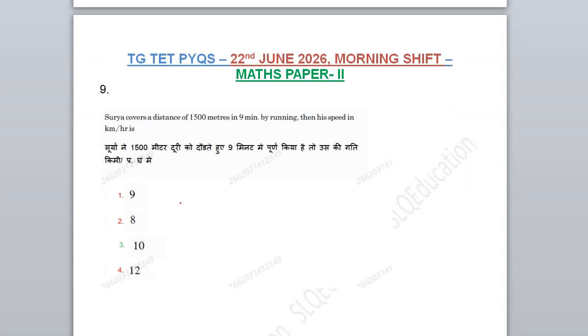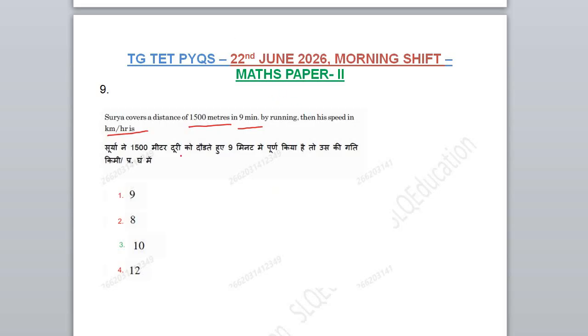So the 9th one. Surya covers a distance of 1500 meters in 9 minutes by running. Then his speed is asked in kilometers per hour. So what is the given distance here?